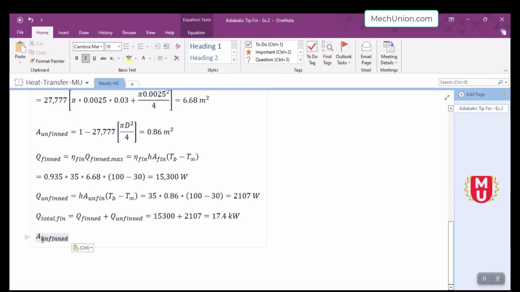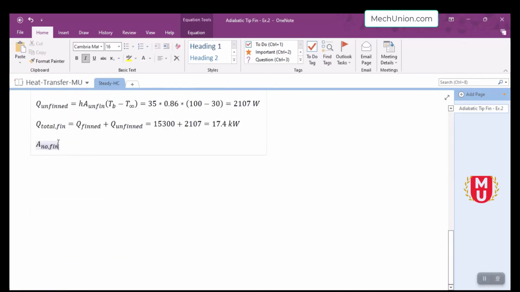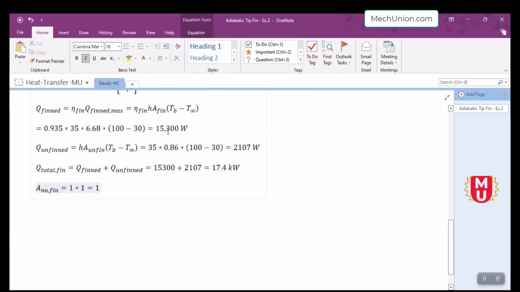It is obvious that it will be the plain wall. We consider this layer without fins, that is 1 meter times 1 meter, equals 1 square meter.